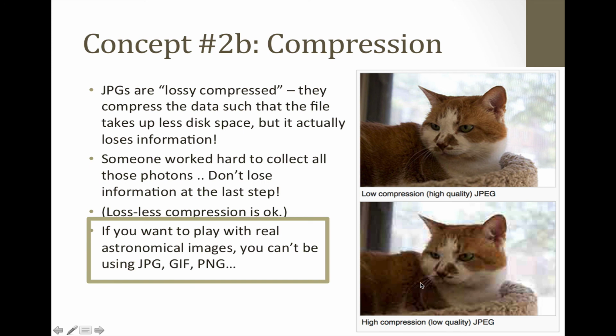Here we have high compression, which is a low quality JPEG, and you can see it's blocky and you can't really see individual hairs on the cat's head, and there's sort of ringing around the edges of the cat. I mean, this is kind of like the idea between HD and regular resolution TV, right? There's just more information in the low compression, high quality image.